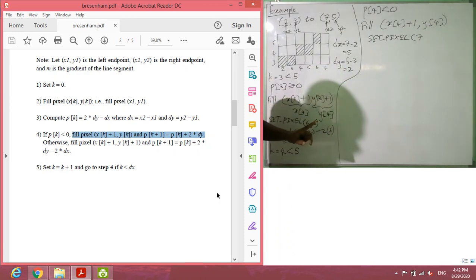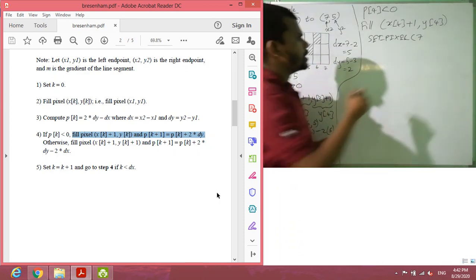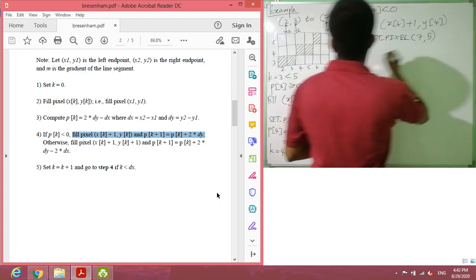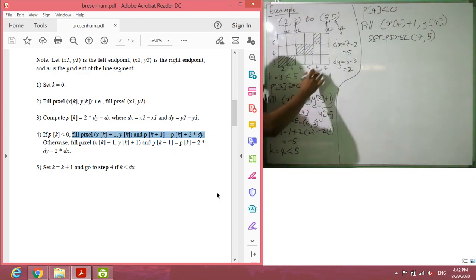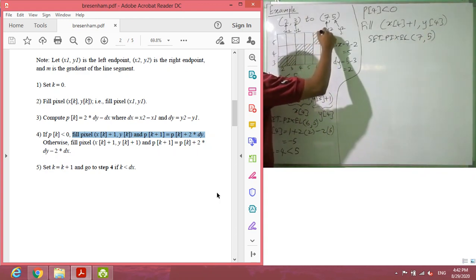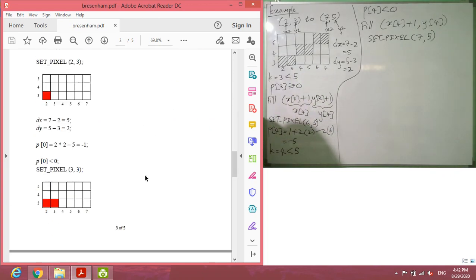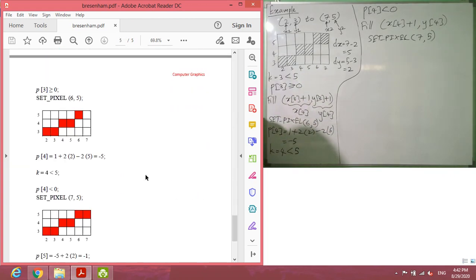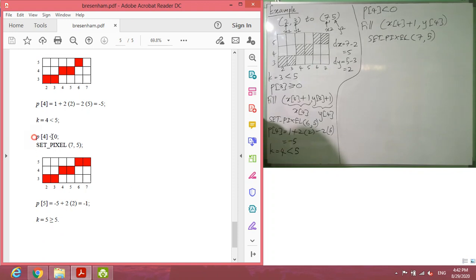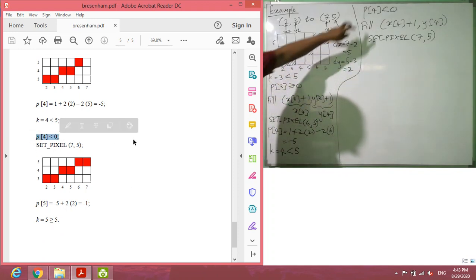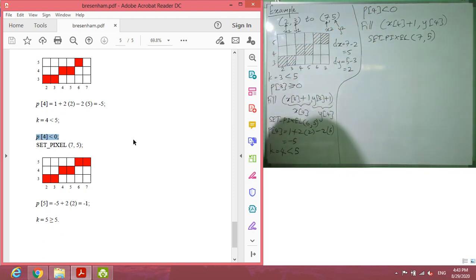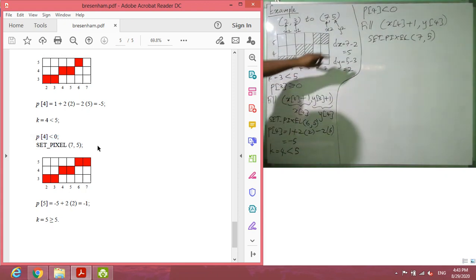Y4 we keep it as it is, so it is 5. 7 comma 5. Now let's see. Here p4 less than 0. Now set pixel 7 comma 5.